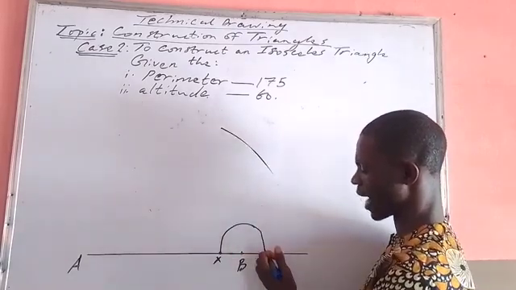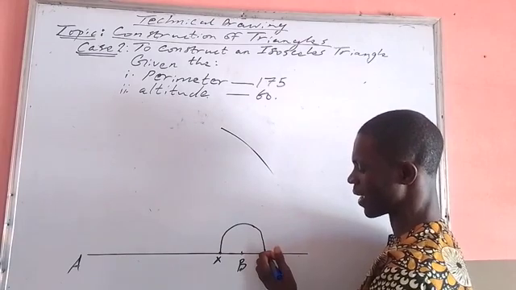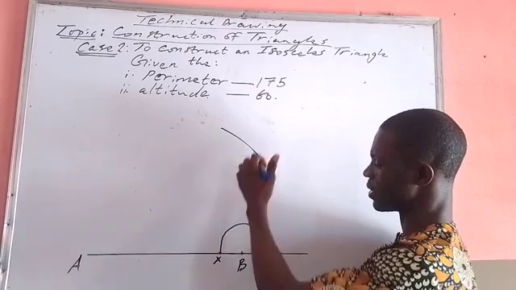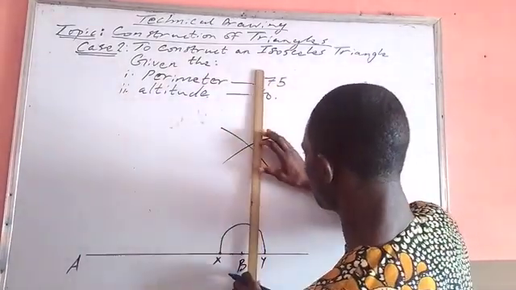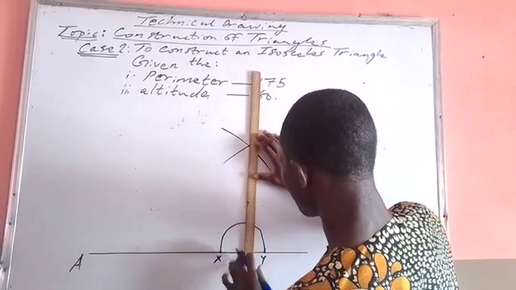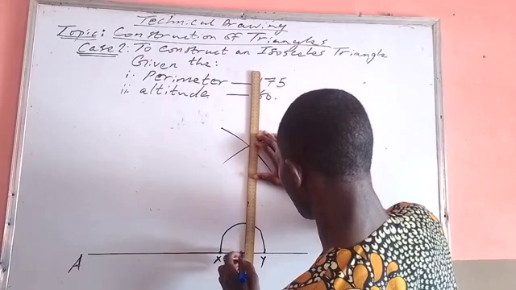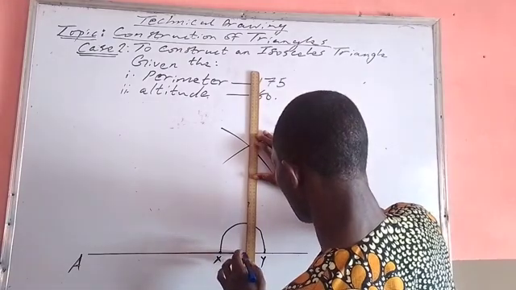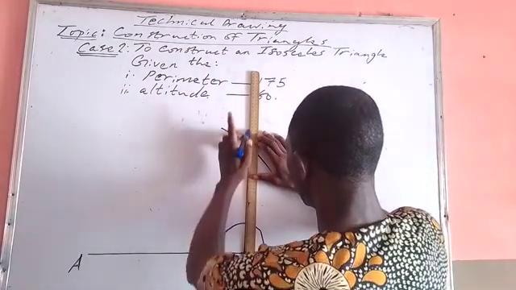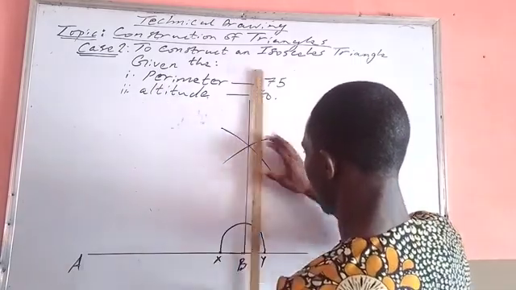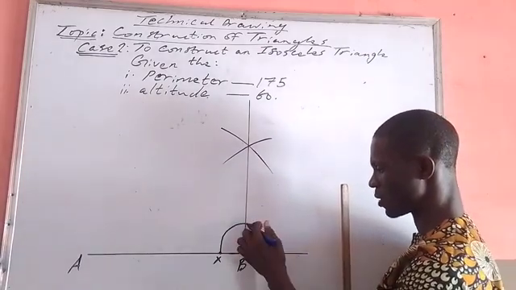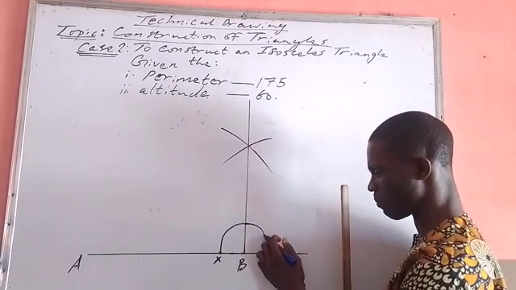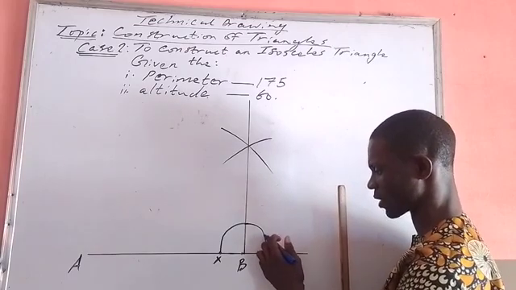Then I will put it at point Y with the same radius and draw an arc here. So all I need to do now is to draw a vertical line from point B through the point of intersection of the arcs, like this. Okay, so this is what we have. I'm going to make it a bit better than this.